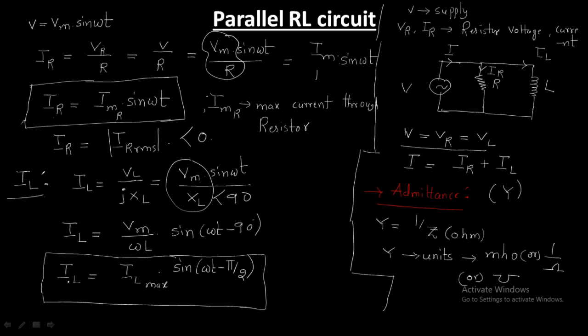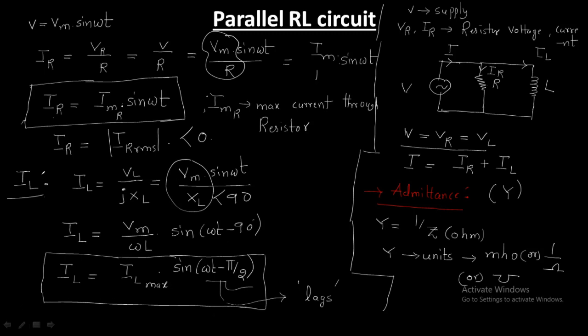But look here, the current flowing through the inductor in the parallel branch has minus pi by 2. Minus pi by 2 means the inductor current is always lagging. That's why it represents the lag.